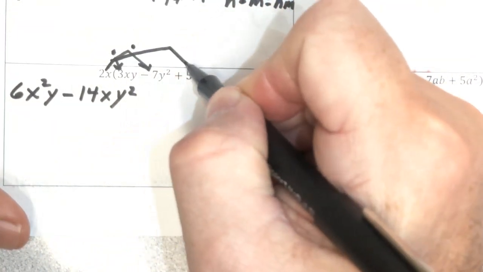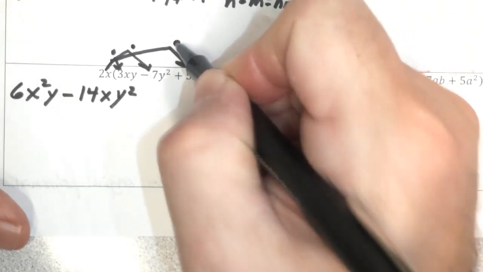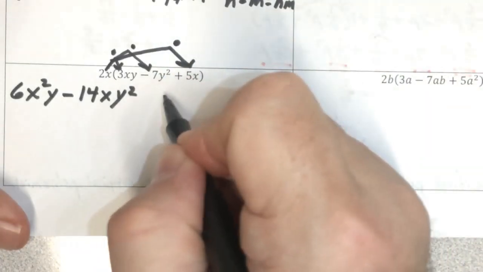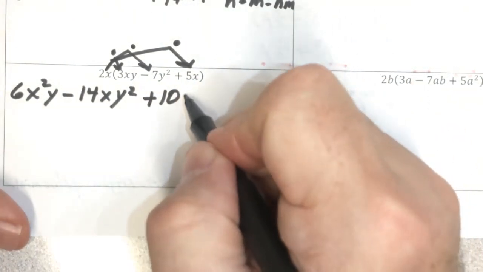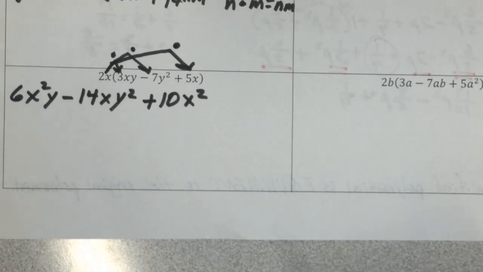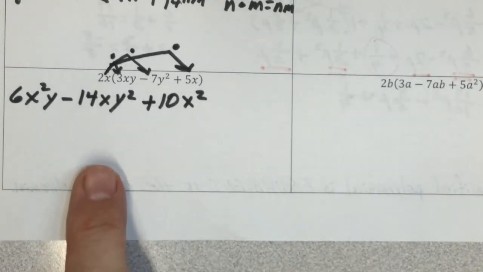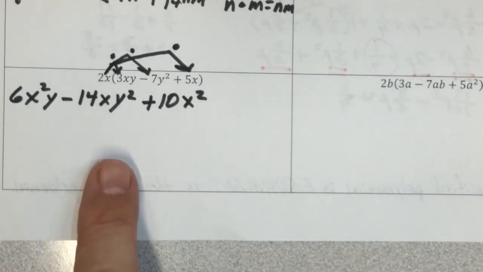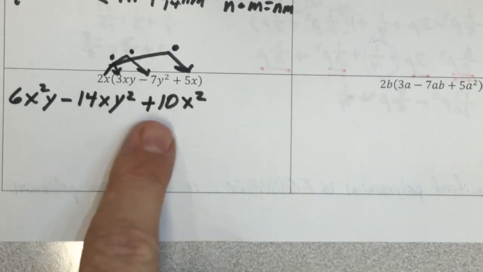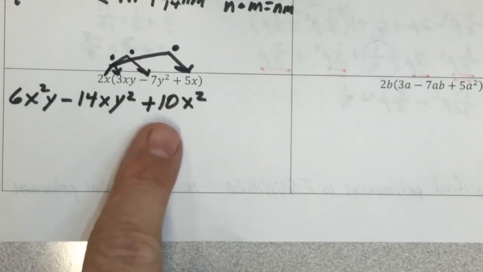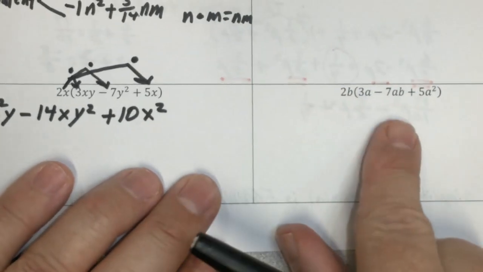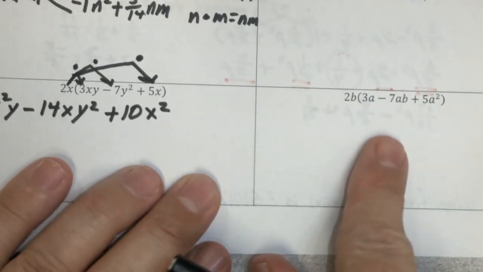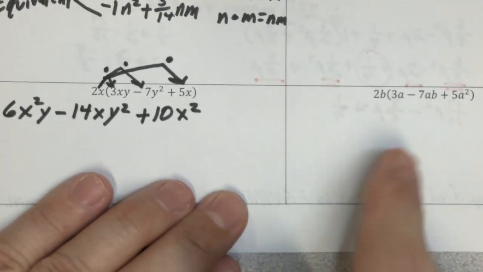Next we want to multiply 2x times the 5x. So that'll be plus 2 times 5 is 10, and then x times x, that'll be x squared. So this will be your final answer. Now do the you do, and you will get a check mark from Mr. Adams, and he'll give you directions on what to do next.